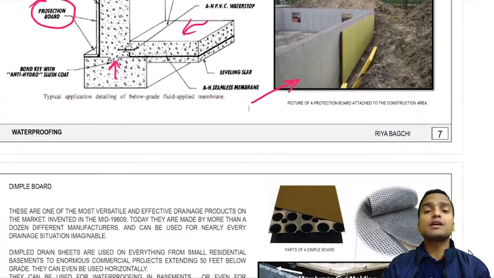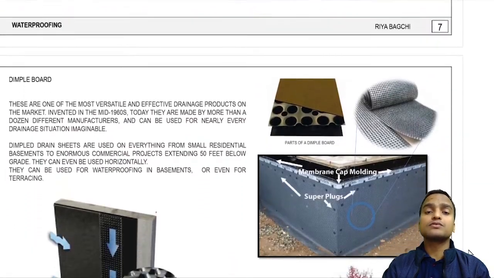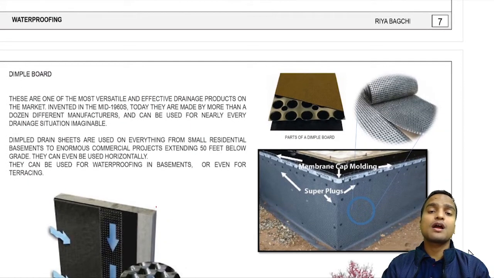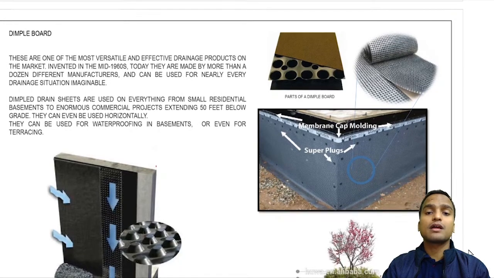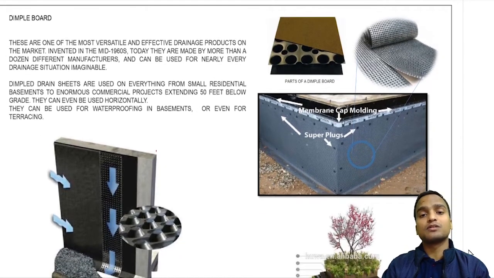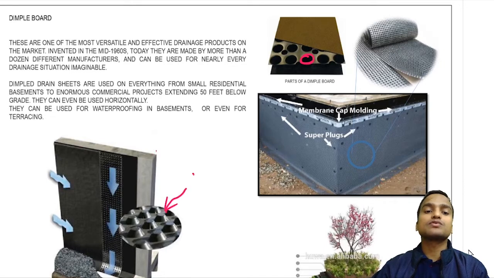Now a special type of protection board that is also rarely used and is most prominent nowadays is the dimple board. And in these protection boards there are dimples like holes. Either the holes are on the trough side or it can be on the crest side. Okay, so here it is crest dimples and here it is trough dimples.